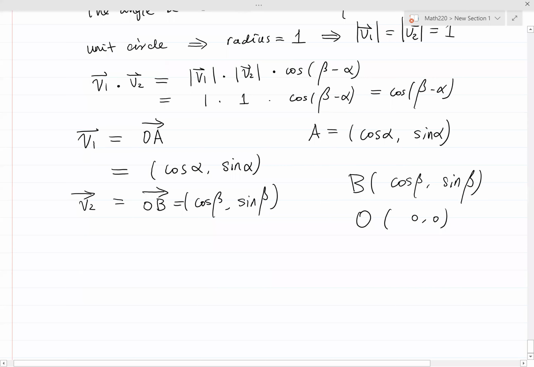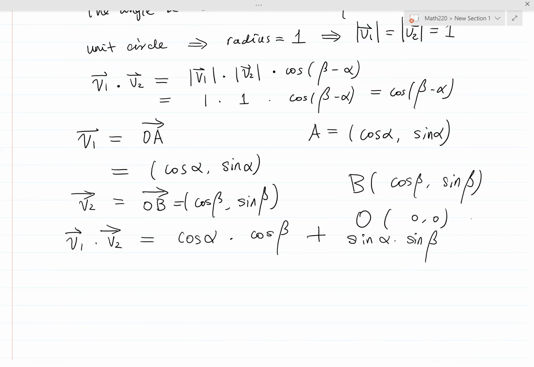So V1 dot product with V2, according to the coordinate form of the dot product, is x times x plus y times y: the first component cosine alpha times the first component cosine beta, plus sine alpha times sine beta. So we have two ways to compute the same quantity, and they should be the same.